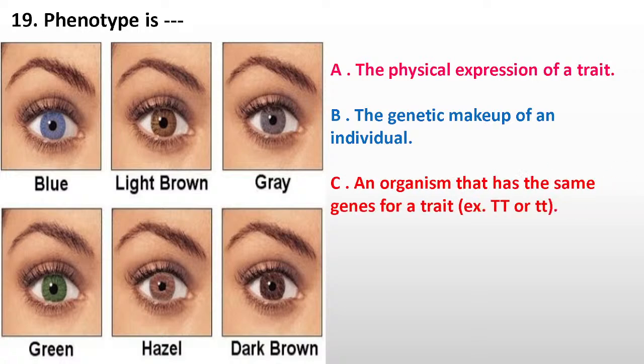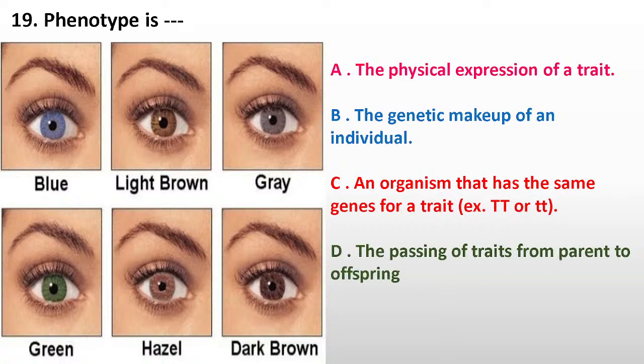C. An organism that has the same genes for a trait, for example capital T or small t. D. The passing of traits from parent to the offspring. So what should be our answer for this question? Think of what is meant by phenotype.